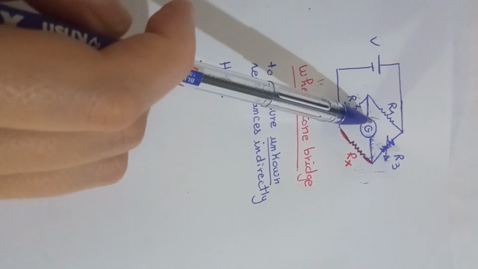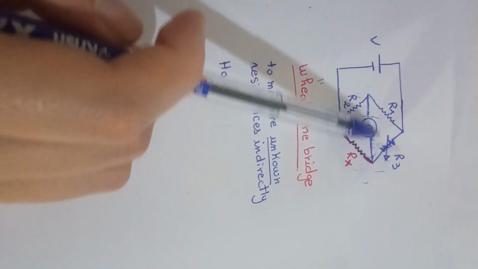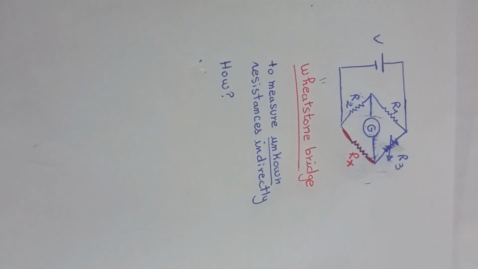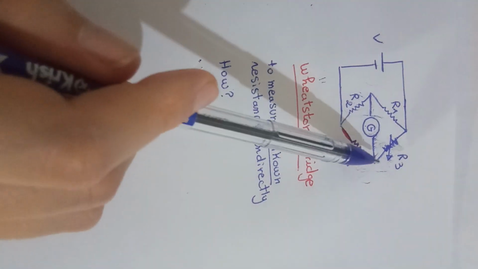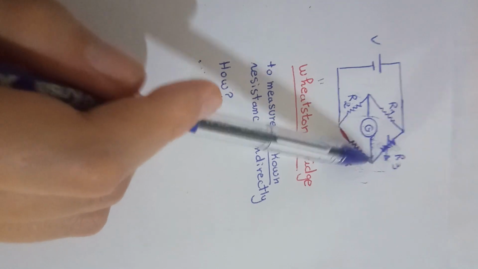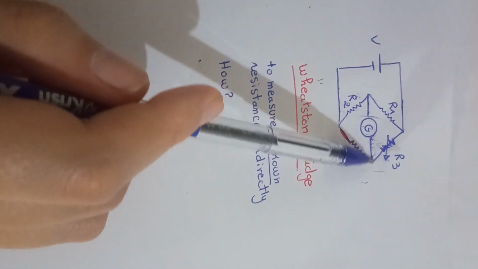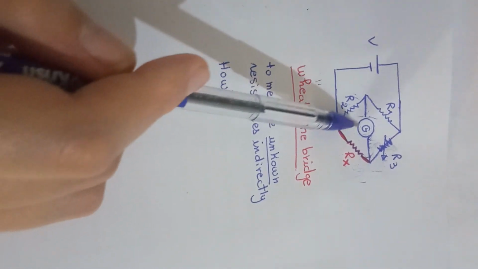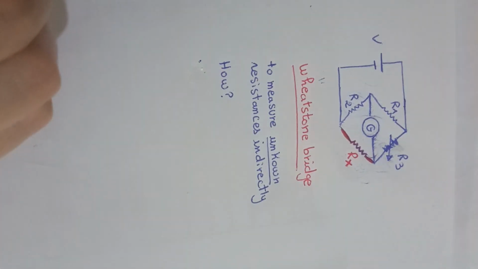When we have zero current here, the voltage across this is zero. So when we do that, we can deduce that this voltage equals this voltage. The potential here equals this potential, which means the voltage across Rx equals the voltage across R2.